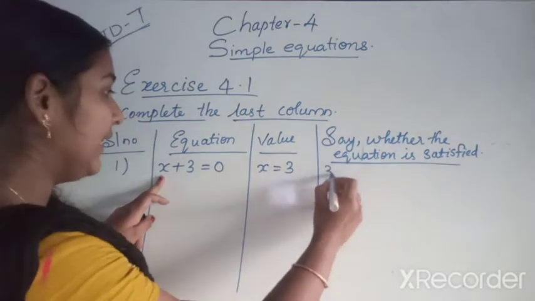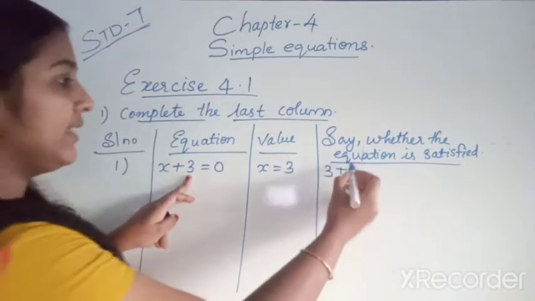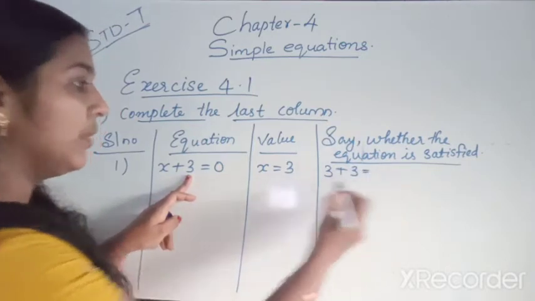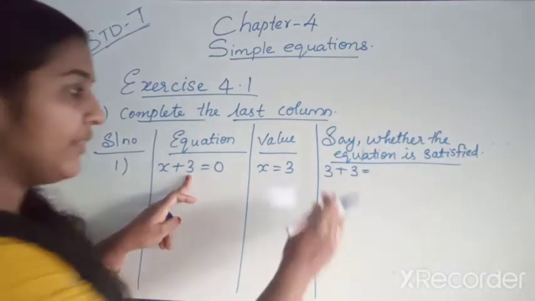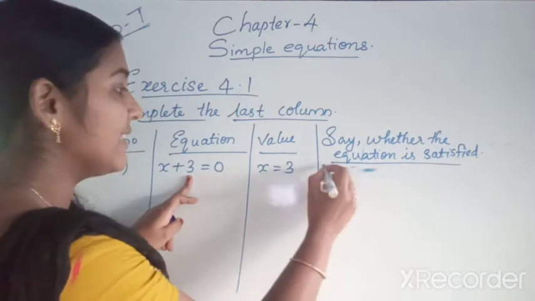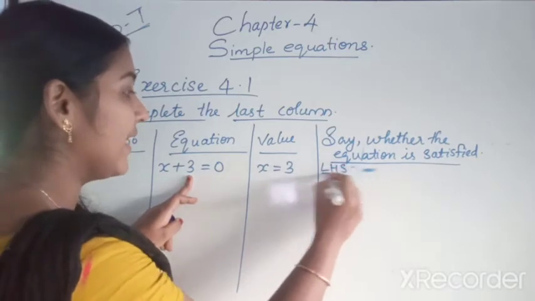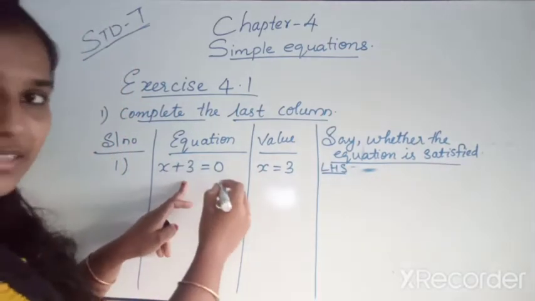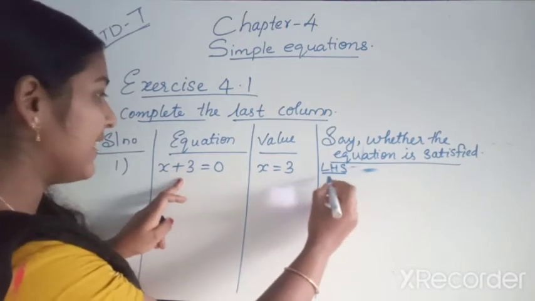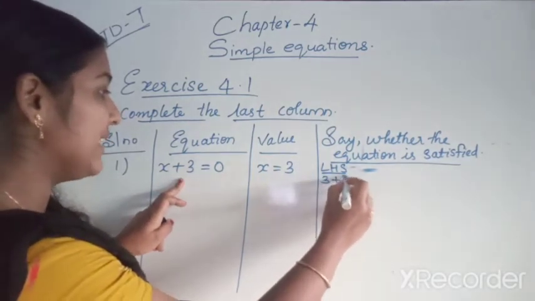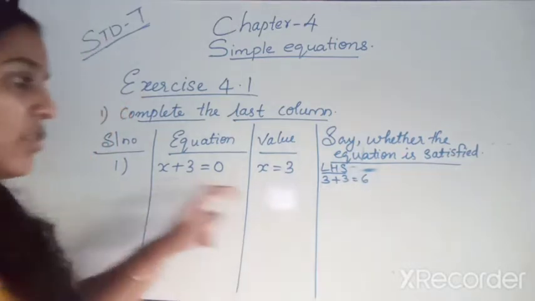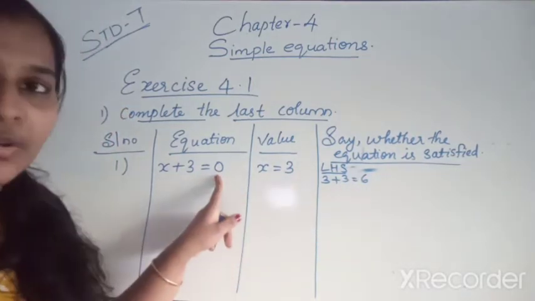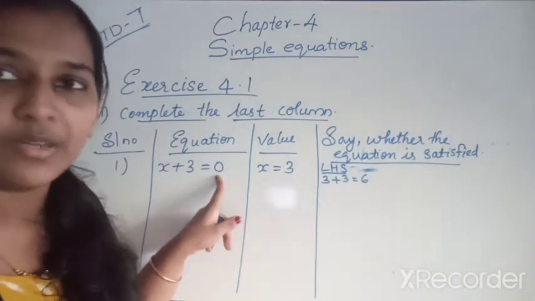So first is 3 plus the next is 3. We are simplifying the left hand side, LHS. So x is 3, and 3 plus 3 is equal to 6. Children, is it equal to 0? No, 6 is not equal to 0.